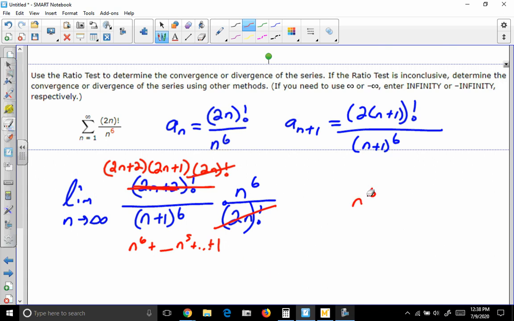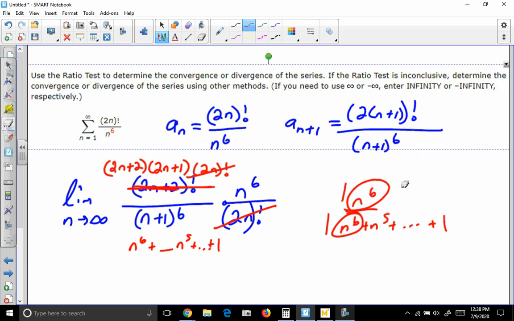If we let n go to infinity and the degree on top and the degree on bottom are the same, the leading term here and the leading term here determine what happens. So since those are the same, our coefficients are going to tell us what that goes to.